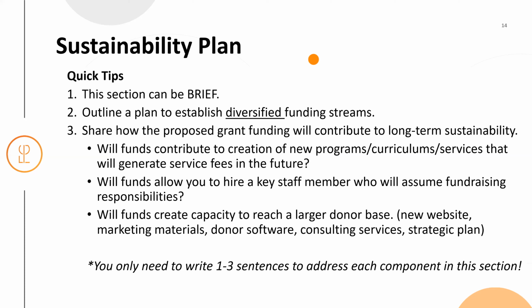Maybe your plan is that you have a major donor in the community that is agreeing that after year 1, if the program is successful and meets certain benchmarks, they're going to support the program at 50% and allow you to find matching funds going forward. There are a ton of different ways to say that you're going to create sustainability, and it's going to vary based on your organization, the resources at your disposal, and what you're willing to do.